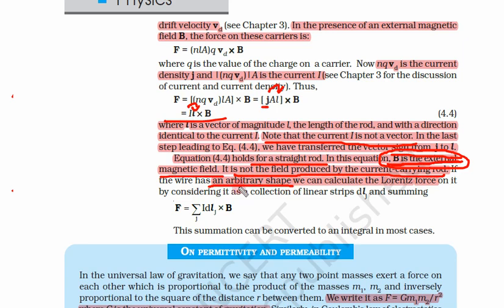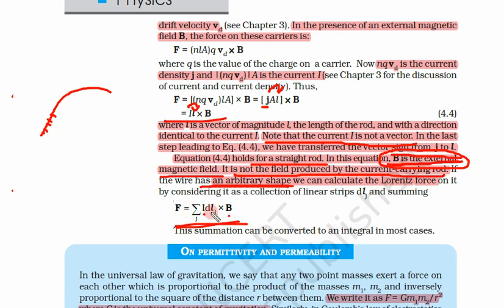Suppose we have an arbitrary shape, let us say the rod is not straight. Then what will happen? We take very small pieces that are straight and simply use the summation over these small pieces. We know F is equal to I L cross B. The current is the same for all of them, and the magnetic field is also the same.